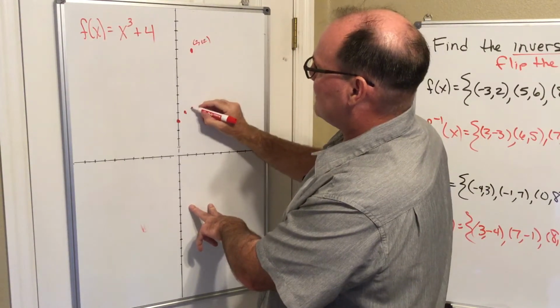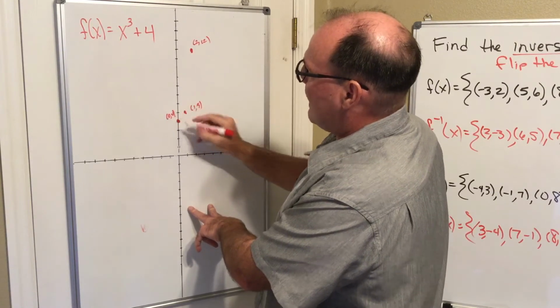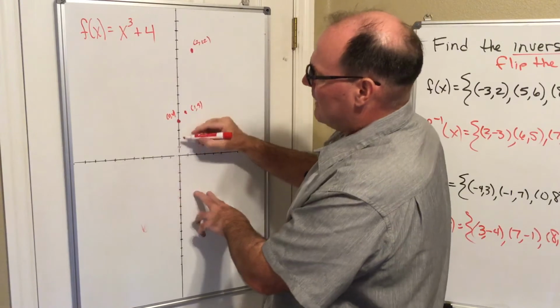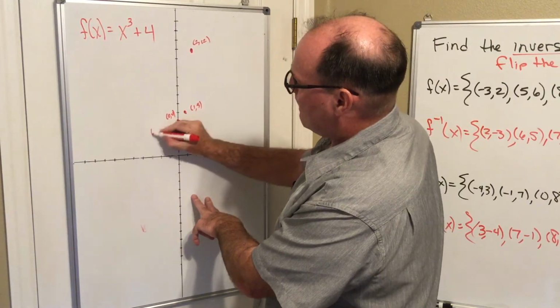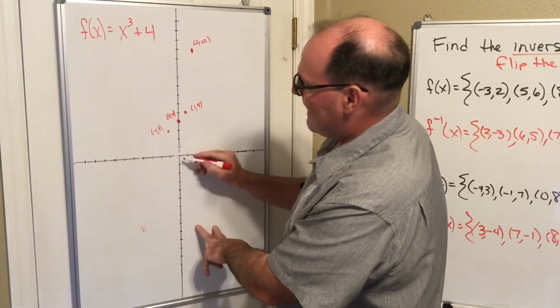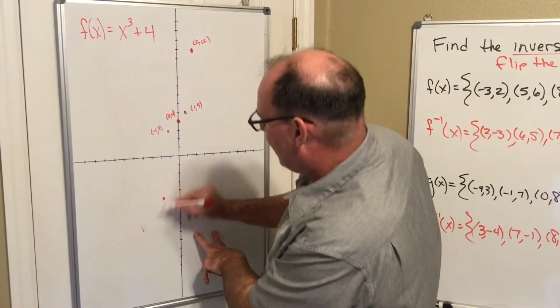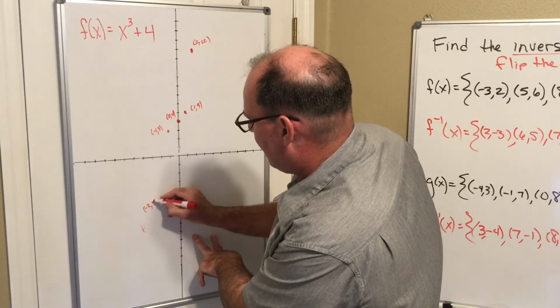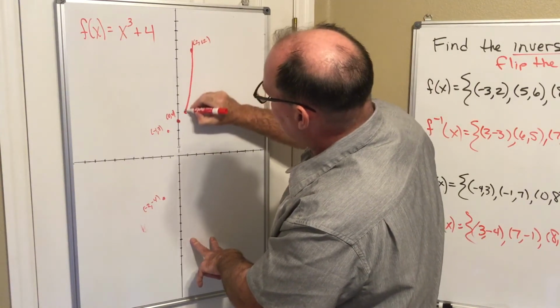This is the point (1, 5). This is the point (0, 4). And then instead of (-1, -1), when I go up 4, it becomes (-1, 3). And last but not least, instead of (-2, -8) it is going to be (-2, -4). So here are my points. Here's my cubic function.